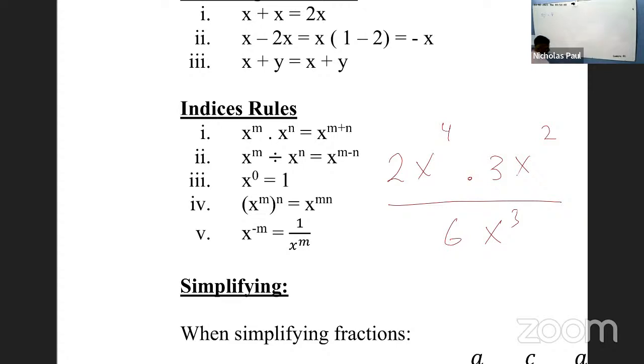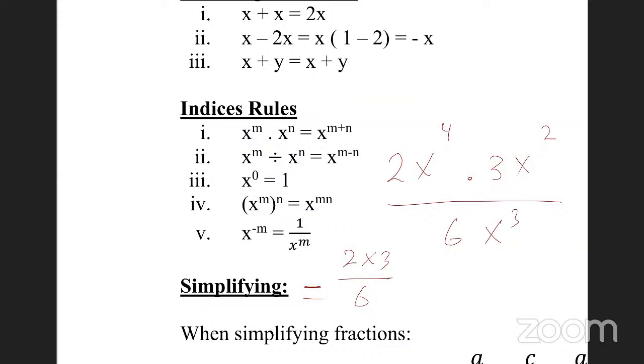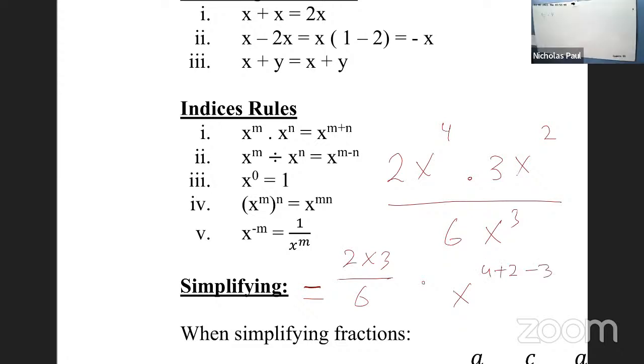Let's check it out. Might be right, might be wrong. Let's see. First thing is to work with the numbers. So on top is 2 multiplied by 3 all over 6. That's okay? So you work with the numbers first, and then 4 plus 2, add them, and you minus in the division part. So the final answer is what? 2 by 3 is 6, 6 on 6 is 1, 1x to the power of 3.